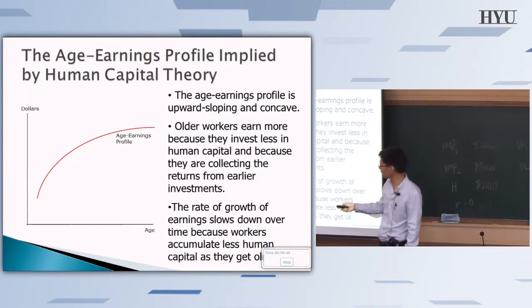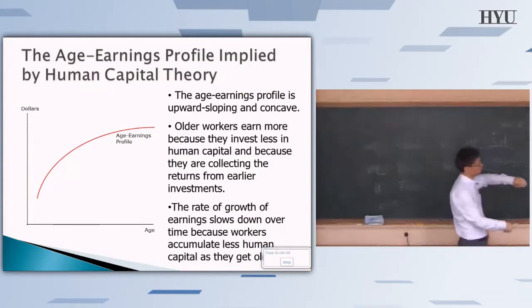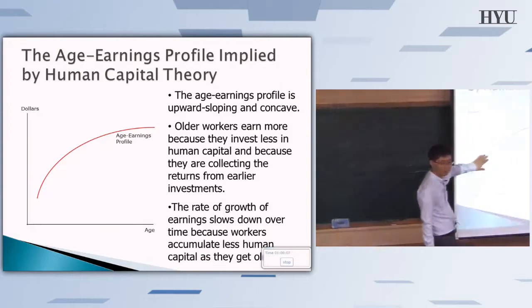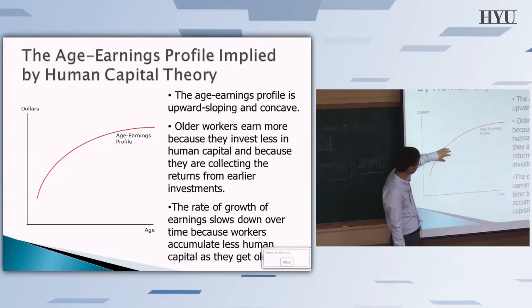Because while they are young, they invest more in the training. They spend more of their earnings on training, so their earnings will be lower because they spend more time and money on the training. And as they get older, since they spend less and less on training, their income will increase.